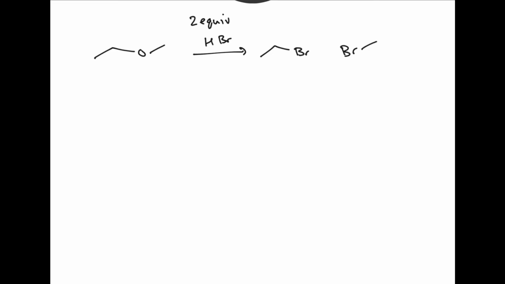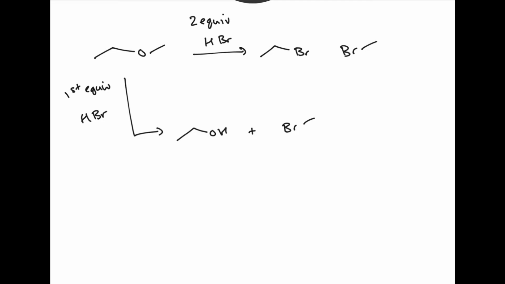Now, if you think about it, this makes sense, right? So I take my first equivalent and I do the ether reaction. I'm going to have my alcohol and I'm going to make my alkyl halide. Now I have a second equivalent of acid, and I have an alcohol. We already know what HBr does to an alcohol.